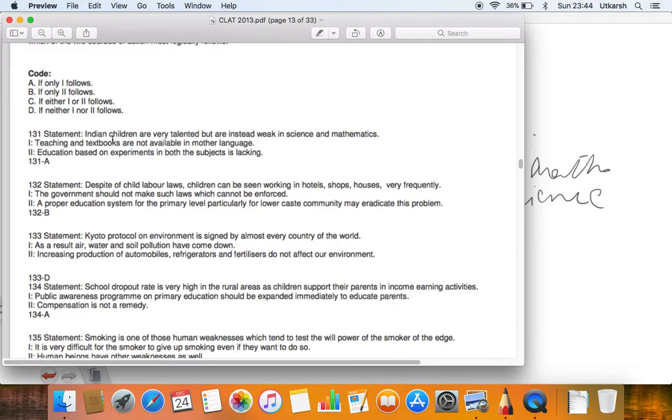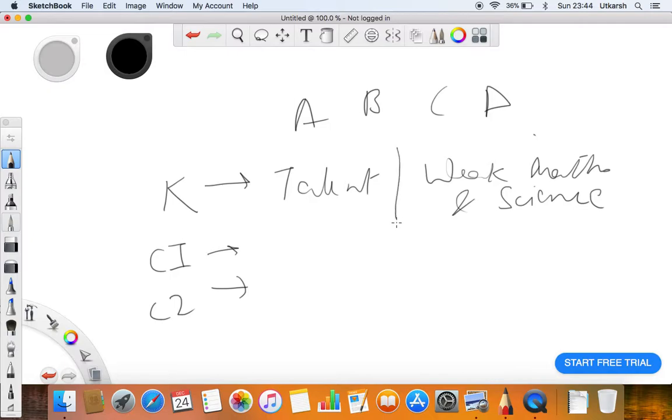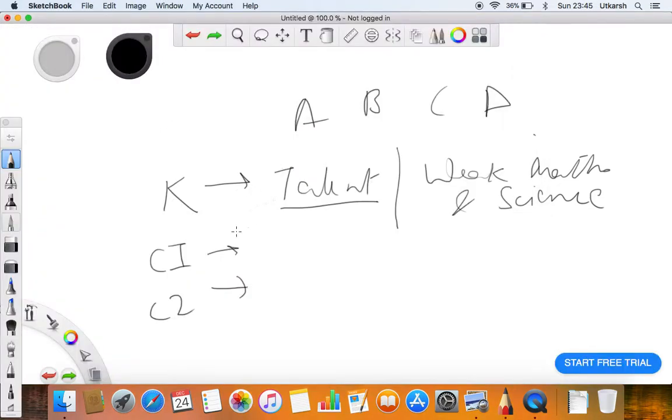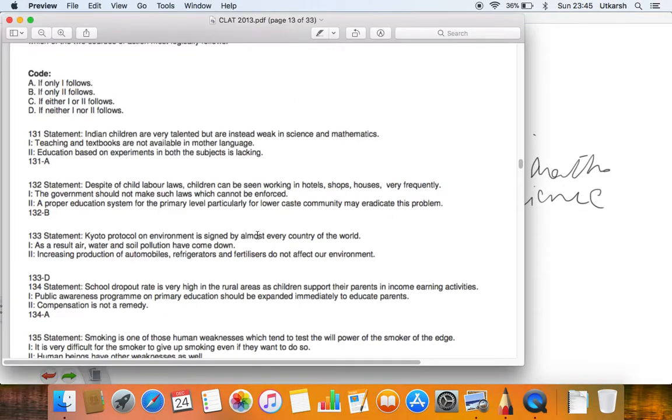Conclusion 1: teaching and textbooks are not available in mother language. How does this follow? Just think about it. They are very talented, but they are weak in maths and science. There can be multiple reasons for it. One of the reasons can be this, but this is not definite. You cannot say for sure that no textbook is available in mother tongue.